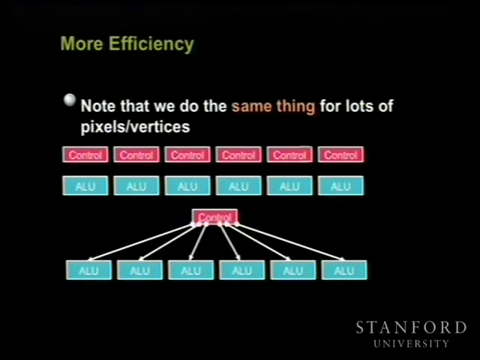Here I'm showing that you can share it between 6, but you can actually share it between a much larger number of floating point units or ALUs and so on. And performance is still great because you're doing the same thing step by step by step, just on different pieces of data: different pixels, different triangles, different vertices, what have you. So they don't need to go off and do independent things too often.